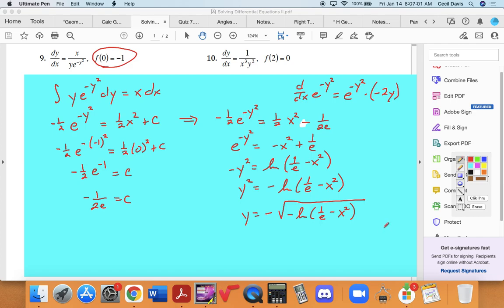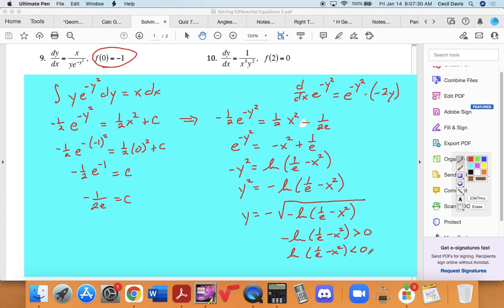The last thing on that is you really should think about the domain. To take the square root, I need negative natural log of 1 over e minus x squared to be greater than 0, which means the natural log of 1 over e minus x squared needs to be less than 0.